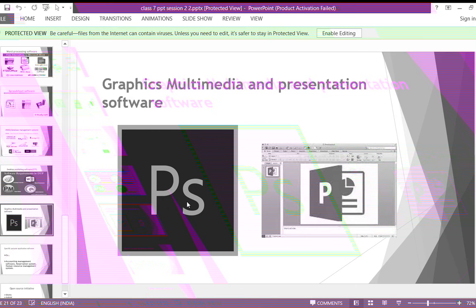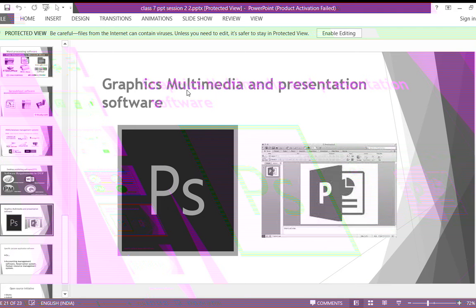Same like that in computer also, if you want to edit the image, change it, or give a proper design for that image, then we use different software. One of the software we use here is Adobe Photoshop. We use this to edit the images we captured. That is called graphics multimedia.